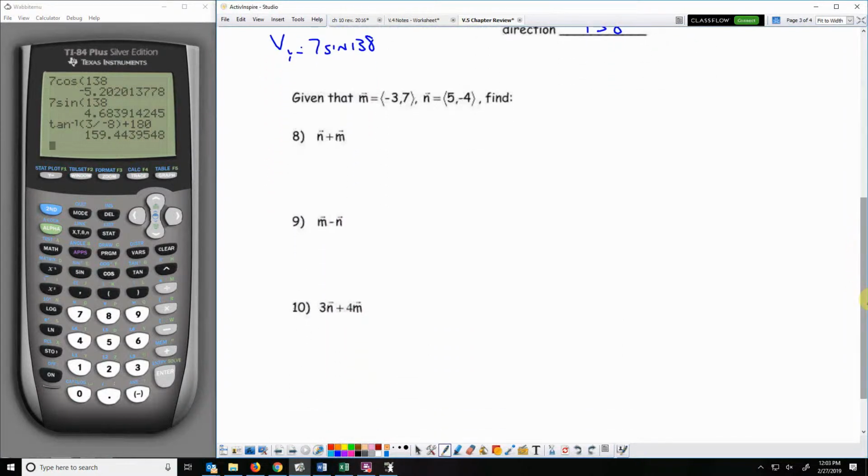Okay, and now some arithmetic operations. Vector n plus vector m, so that's 5, negative 4, plus negative 3, 7. Gives us a component form of 5 plus negative 3 is 2. Negative 4 plus 7 is 3.